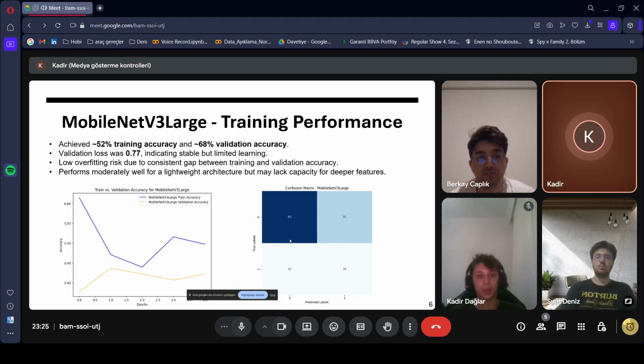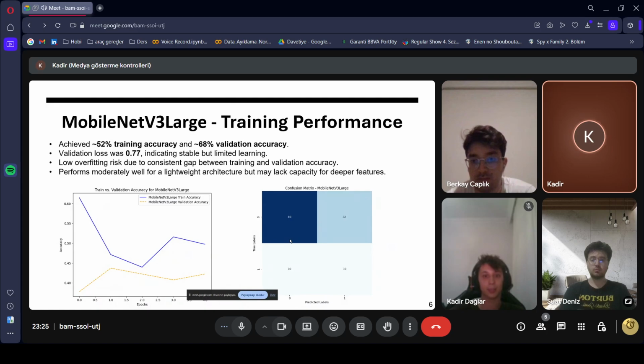Our first model, MobileNet V3 Large, was chosen due to its lightweight architecture and efficient inference speed. During training, the model achieved a training accuracy of approximately 52% and a validation accuracy of 68%. The validation loss stabilized at 0.77, and overall performance indicates that the model was able to extract some meaningful features despite its smaller capacity.